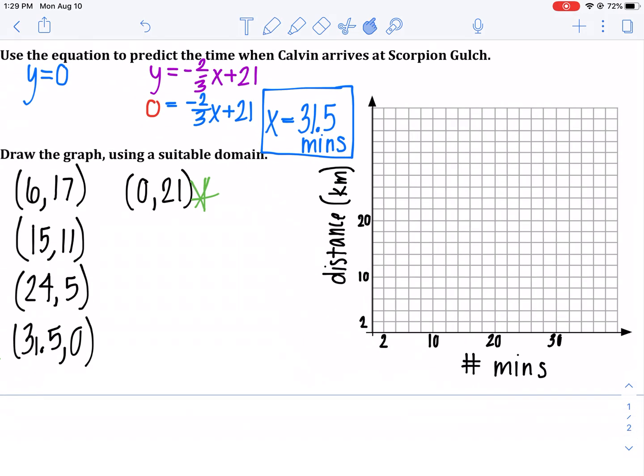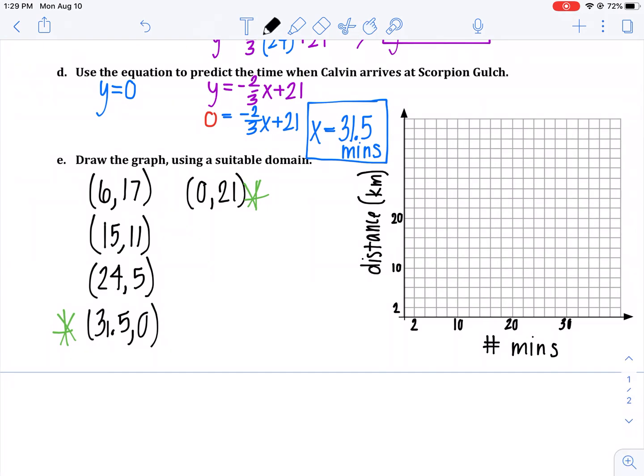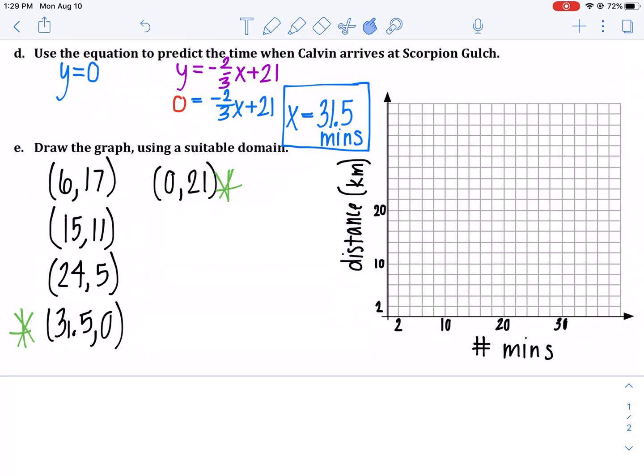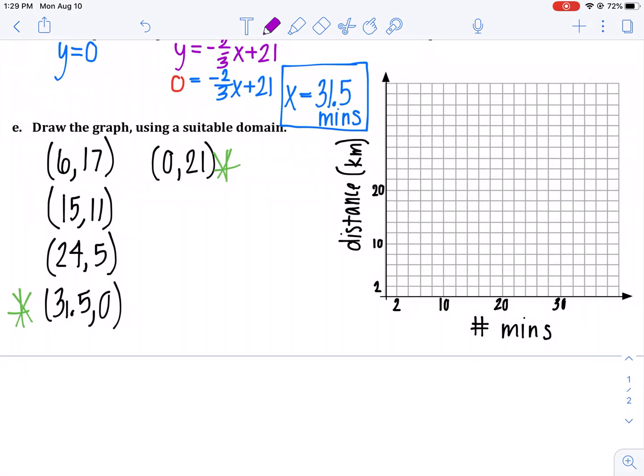You get the point. Make sure you label it so we can clearly see it. Now let's label our points. You have 6, 17, 15, 11, 24, 5, 31.5, 0, and 0, 21. Take a moment, graph those points.